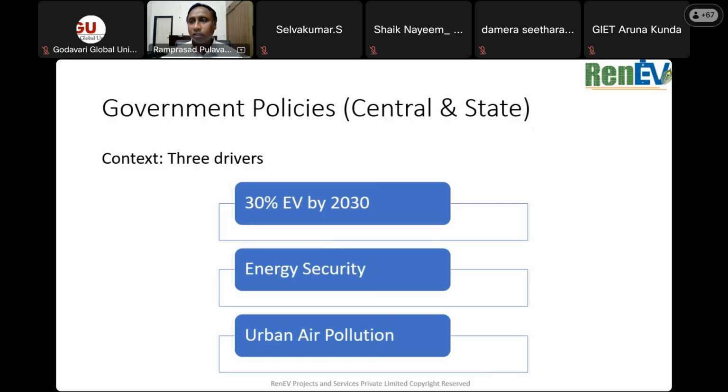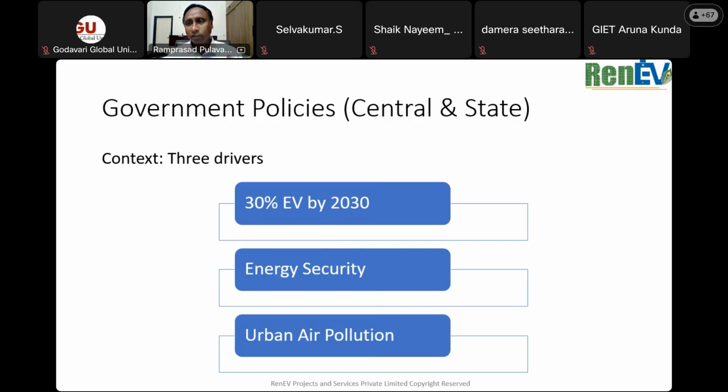Then the third one, the last one, which is extremely important, is urban air pollution. Like one of the participants just answered, the CO2 emissions which happen in urban areas. Normally if you are stuck in a traffic jam in Bangalore or Delhi or Hyderabad, by the time you stay there for about 5 to 6 minutes, your nose and eyes start burning because of the pollution from the ICE engine tailpipes.